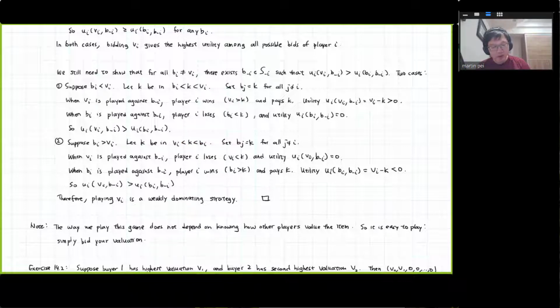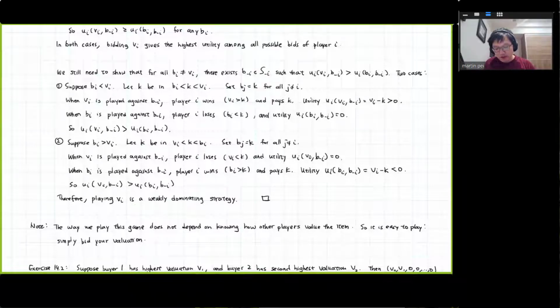And we say, suppose that all the other players play this bid. Then we have to compare the utility of playing the valuation, the best possible bid, versus the higher bid.